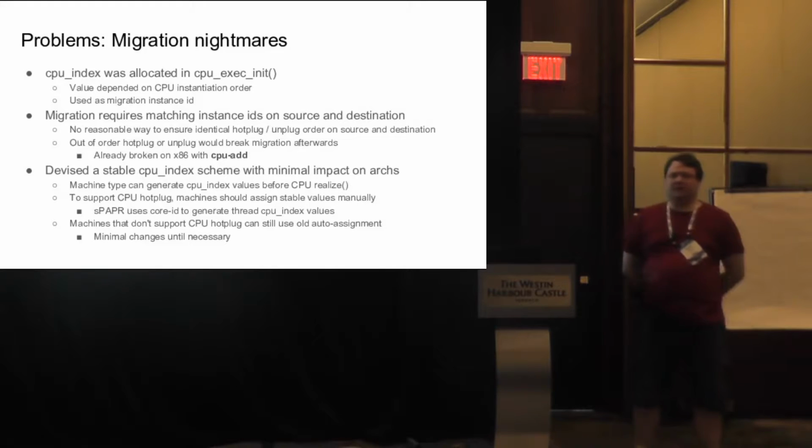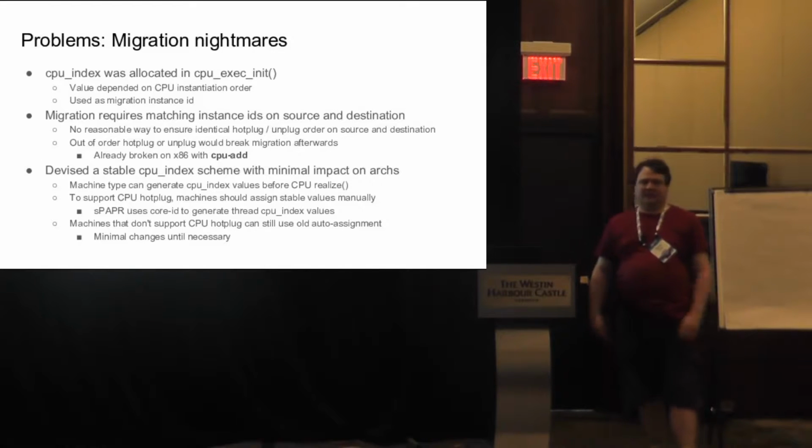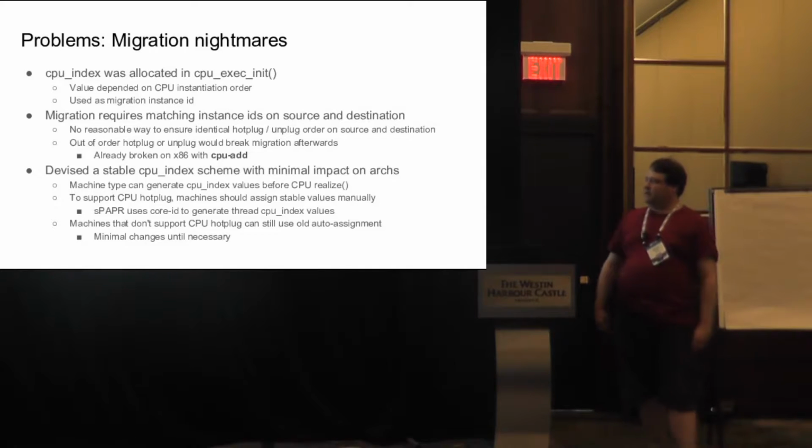The problem was that we obviously wanted a way to devise a stable CPU index. That was made complicated by the fact that different architectures are partially converted between different QOM models, and the time at which things were generated is very complicated. So, particularly this late in the 2.7 cycle, we had to come up with something that wasn't too invasive to determine these.